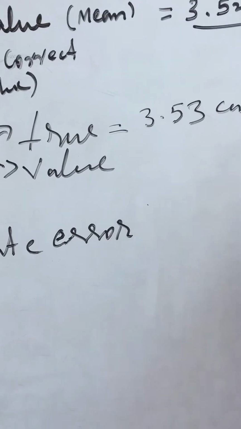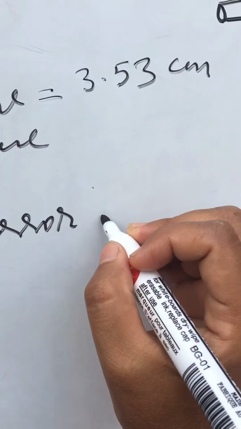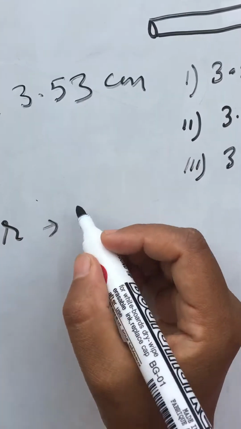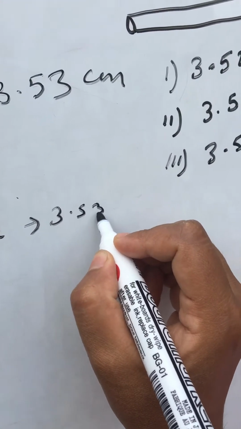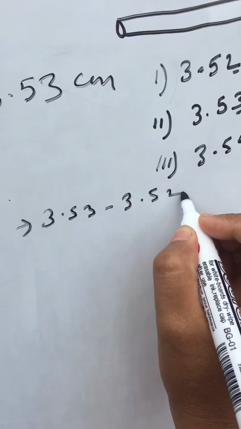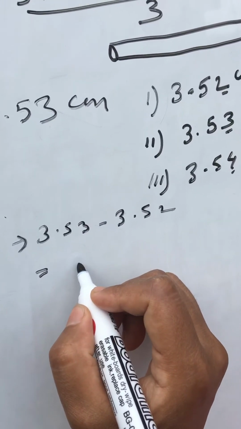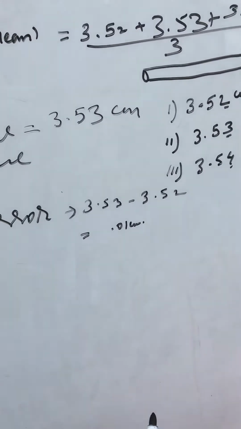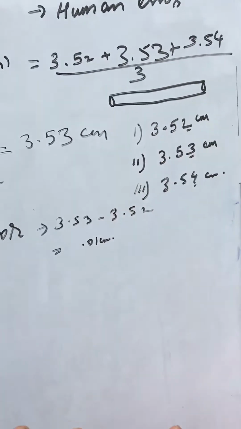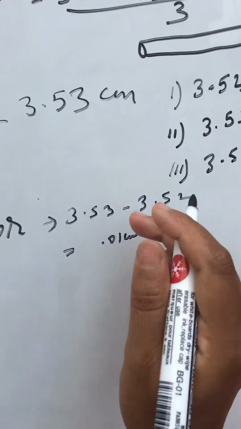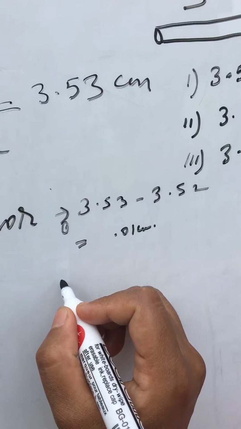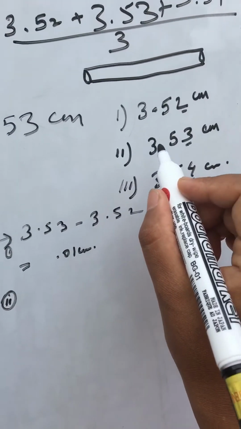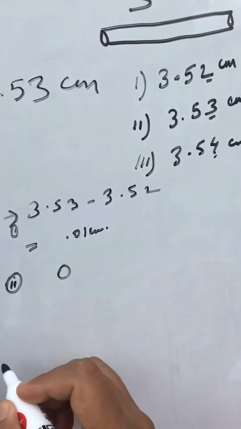In the first case, the true value 3.53 minus 3.52 is 0.01 centimeter. This is the absolute error for the first reading. In the second case, true value minus measured value will be 0.